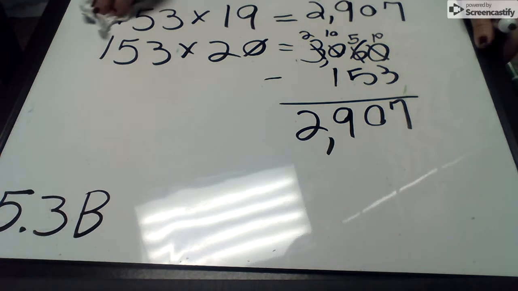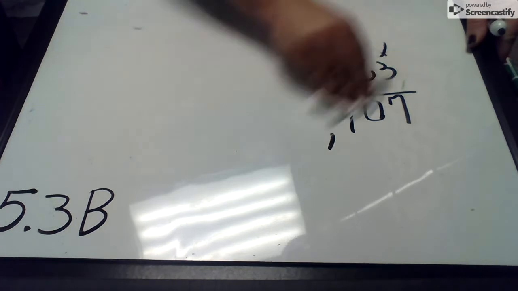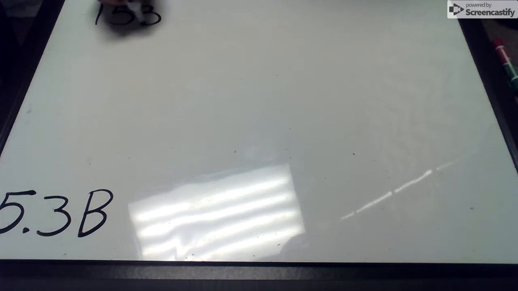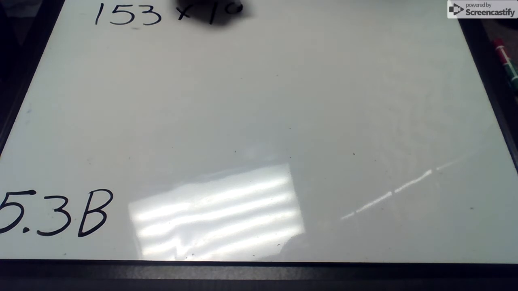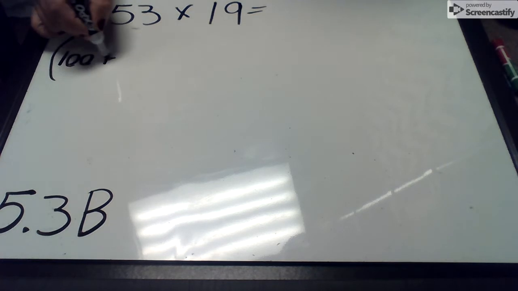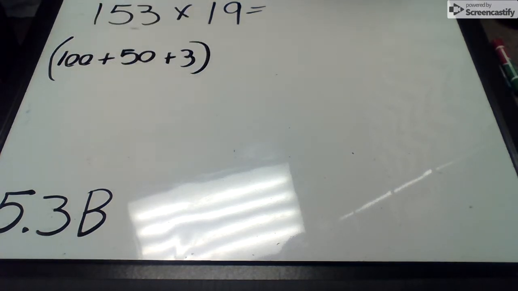Okay. Now I'm going to show you how to use the distributive property. Distributive property is taking a number and breaking it apart into smaller, easier numbers to digest. So I have 153. 153 is the same as 100 plus 50 plus 3.